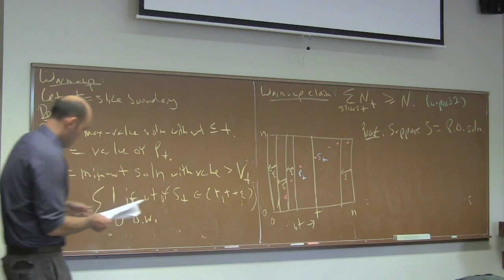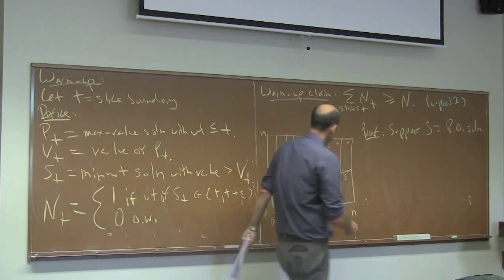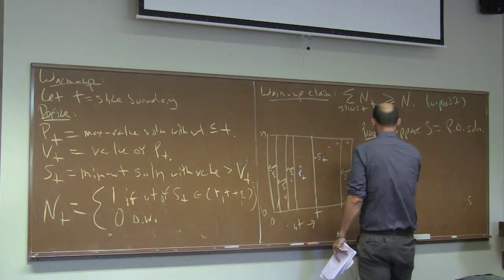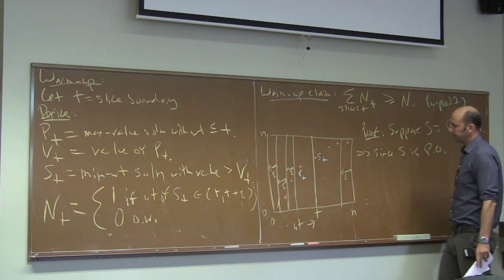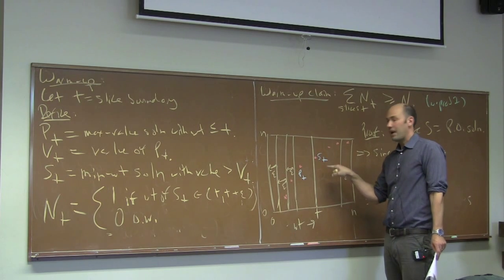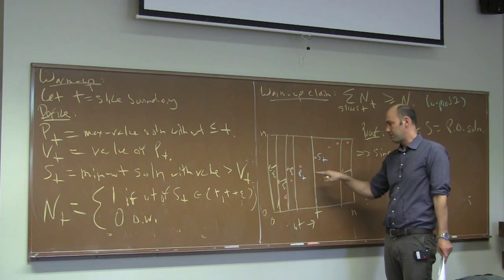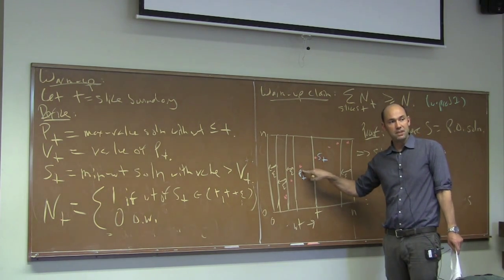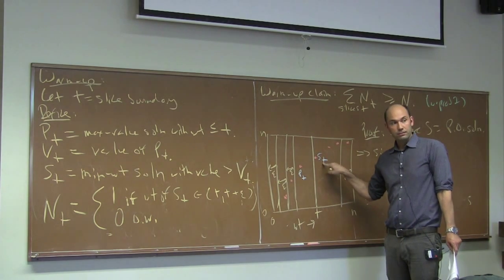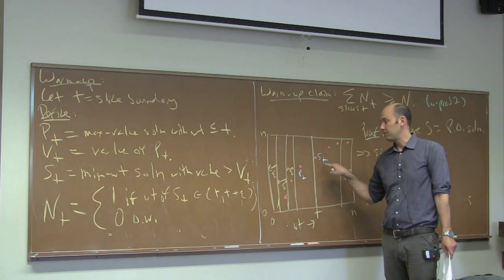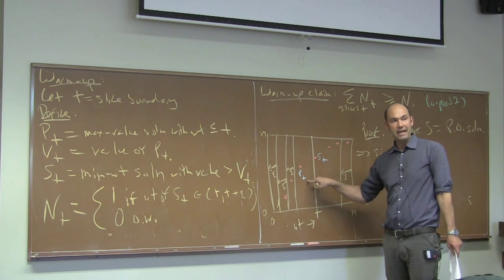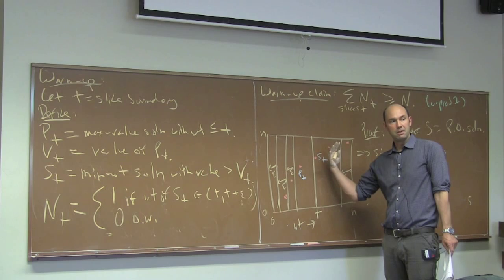Right? So, when we sort of talk through this, since S is Pareto optimal, since its weight is bigger than t, and so in particular its weight is bigger than that of p sub t, its value better be bigger than p sub t's. Otherwise, S sub t would be dominated by p sub t. Right? By definition, S sub t is to the right, so it has to be above.